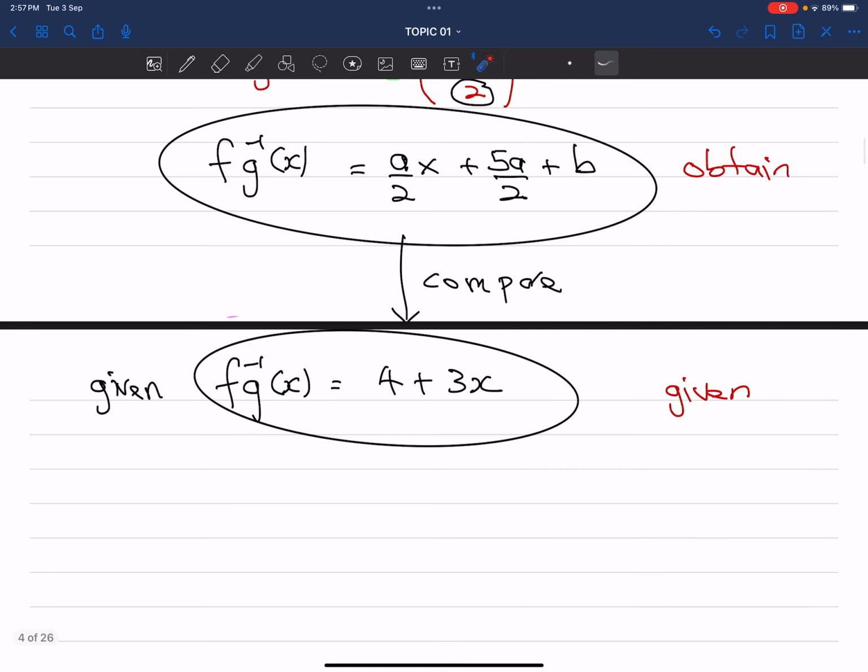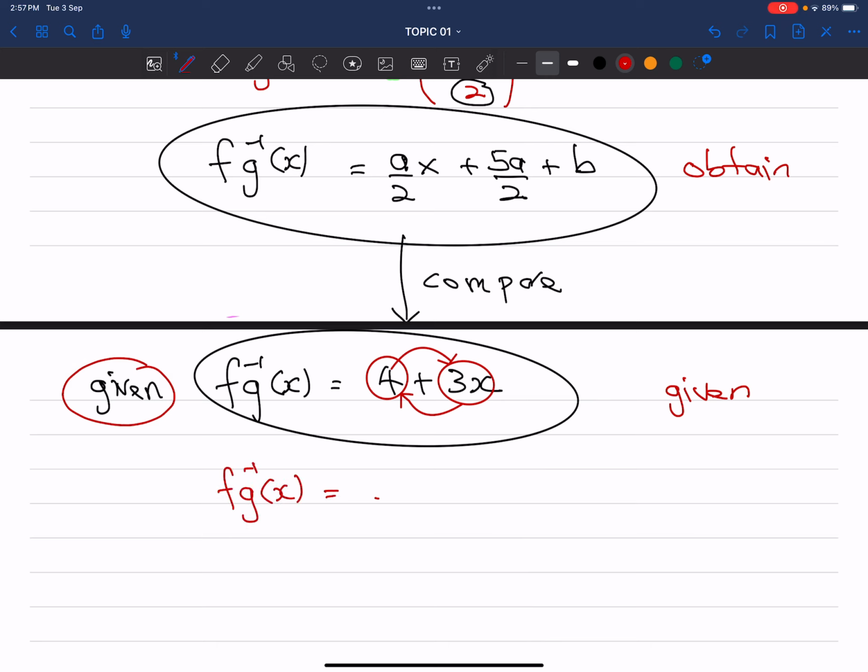So I'm going to rearrange the 4 and the 3x. I'm going to exchange them so that in the given FG inverse, I put the 3x in front and the 4 behind.